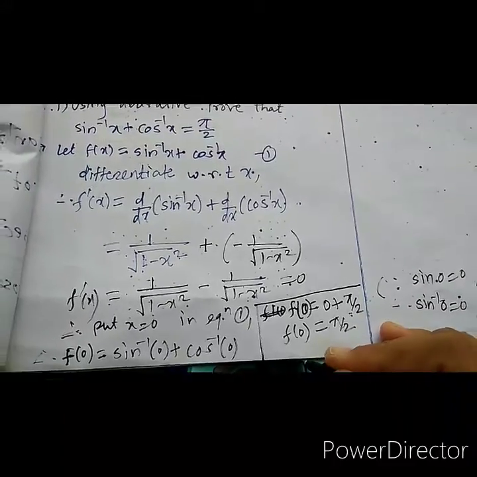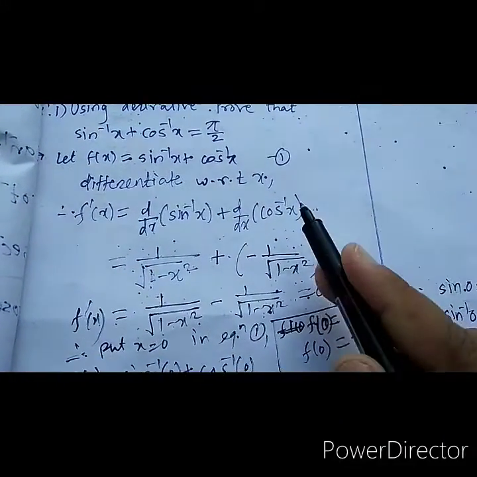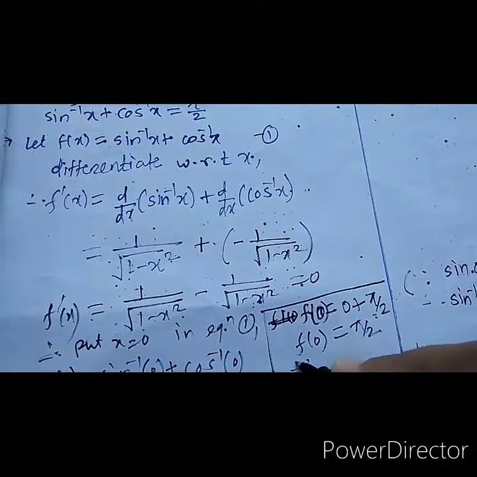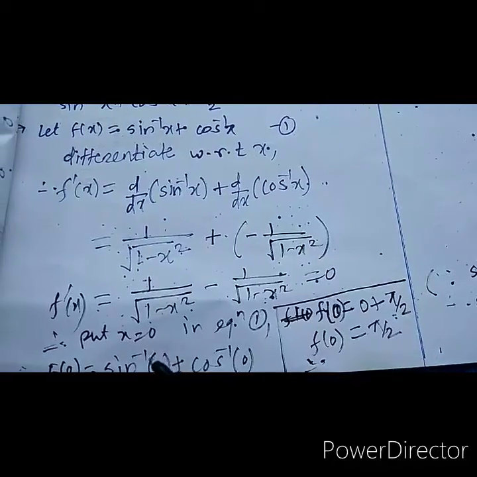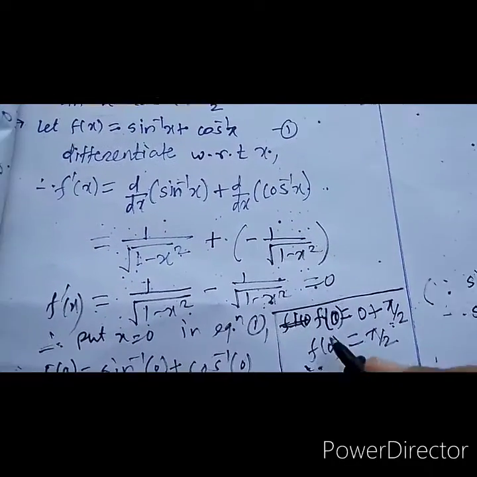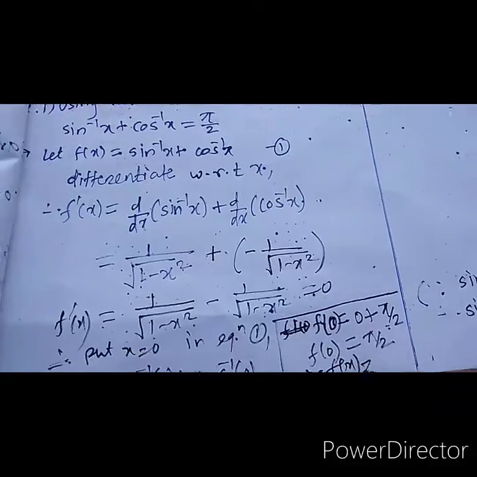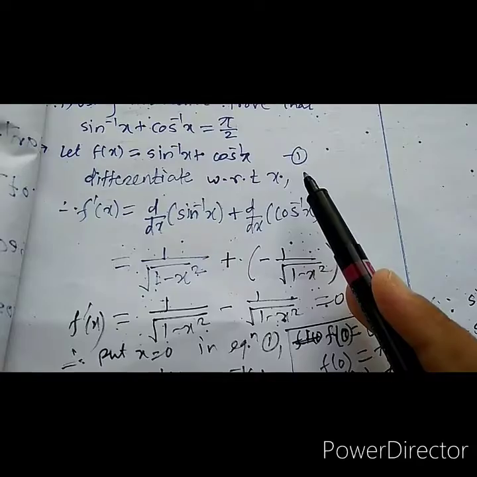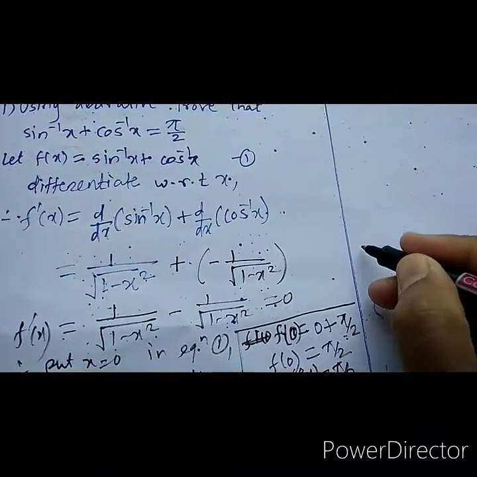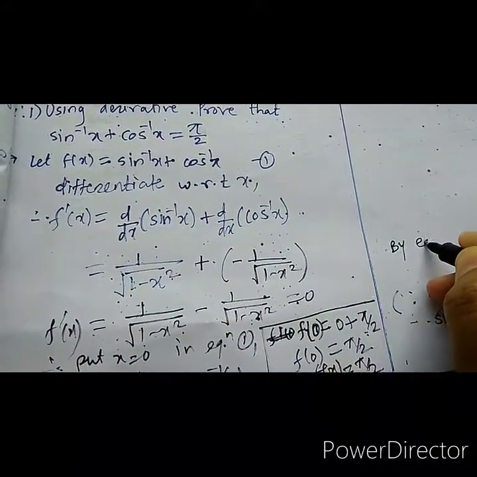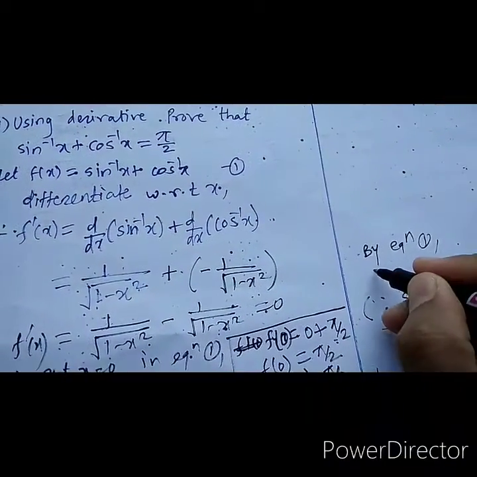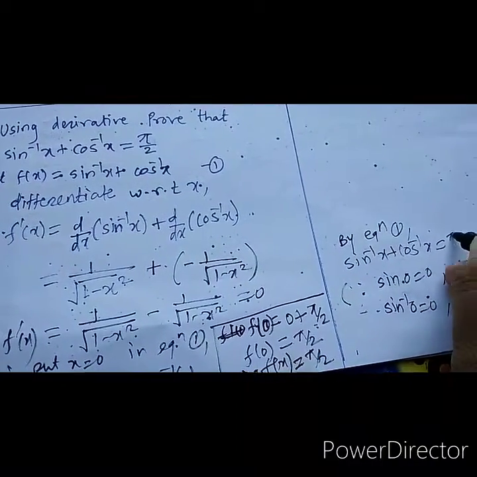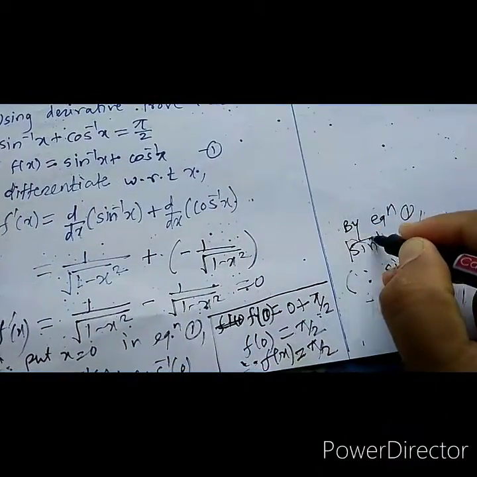So f of 0 is equal to pi by 2, and therefore if x is equal to 0, we can replace f of x is equal to pi by 2. That is, by equation 1, sin inverse of x plus cos inverse of x is equal to pi by 2, and hence the result.